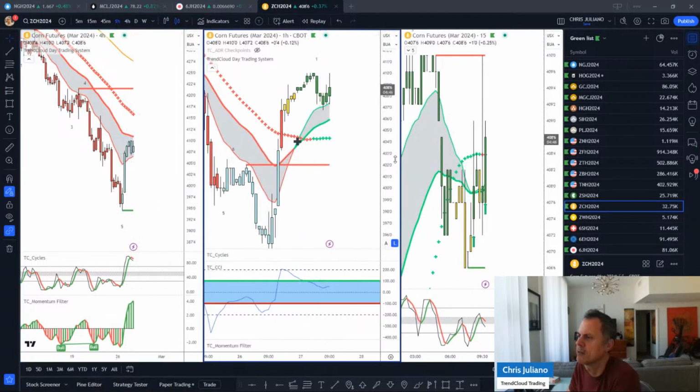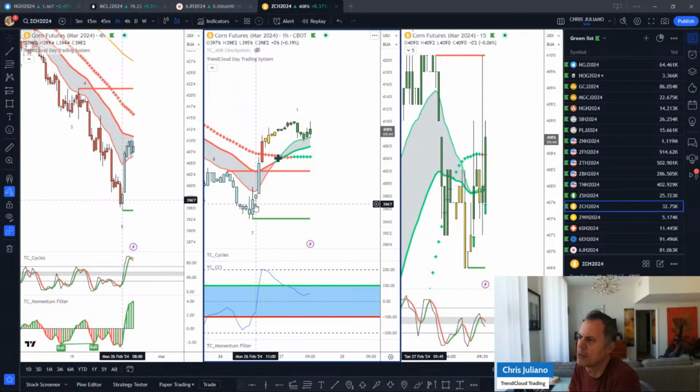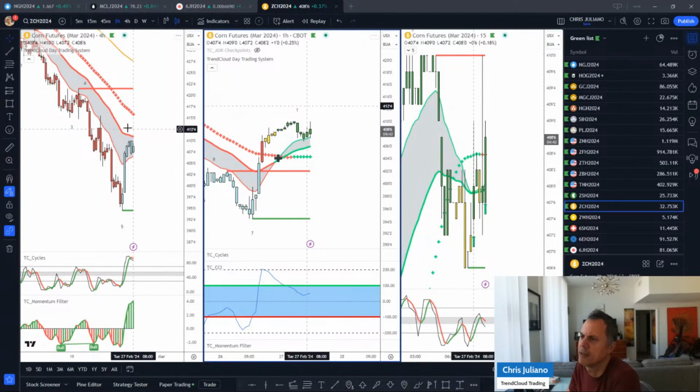Extended trend, broke to the upside. We know that we want to get from here back up to here.